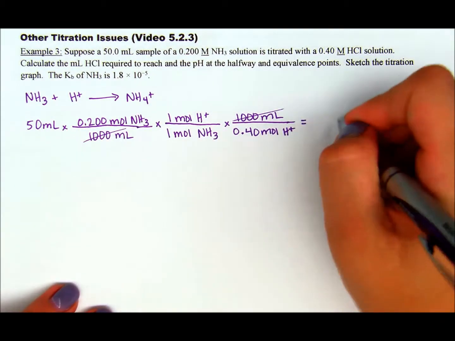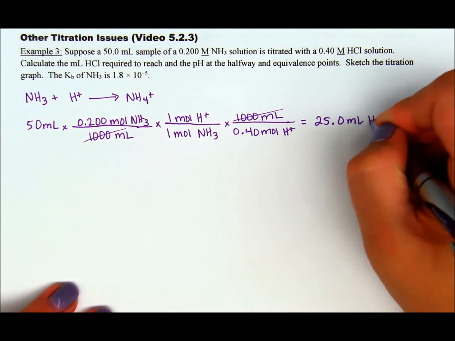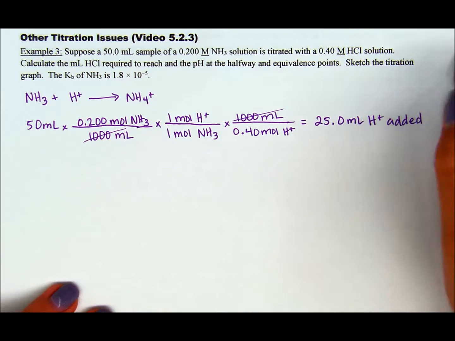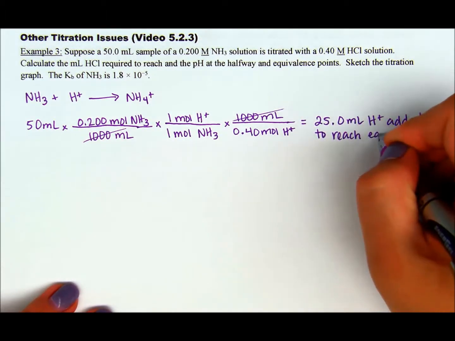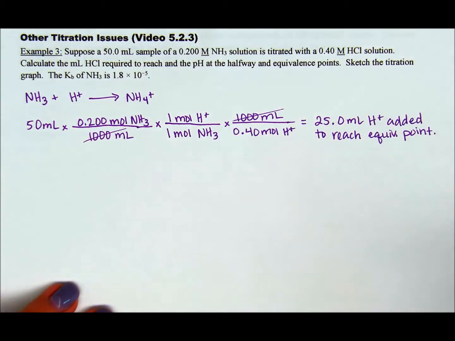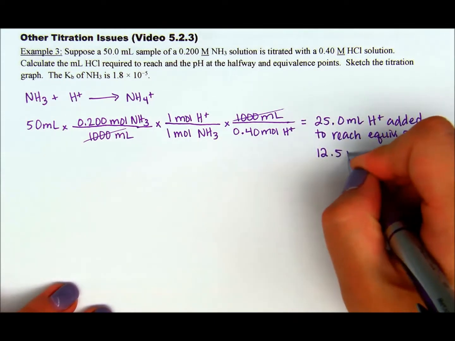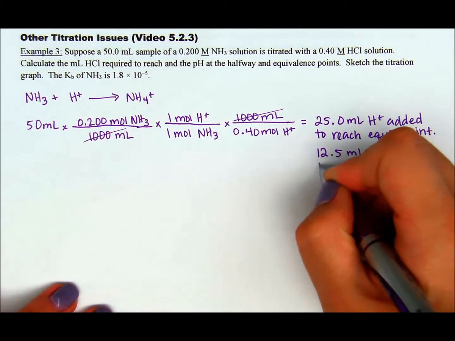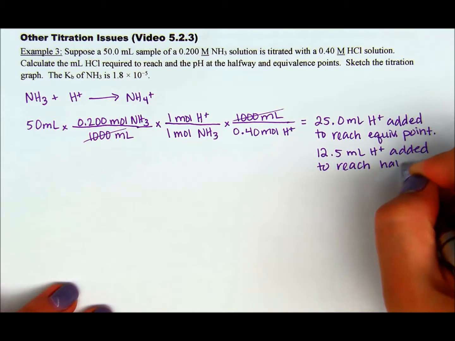So anyway, plugging all this in, you get 25.0 milliliters of hydrogen ions, or the acid, added to reach the equivalence point. And to get to the halfway point, of course, you're going to need half of that. So that means you have 12.5 milliliters of acid added to reach the halfway point.